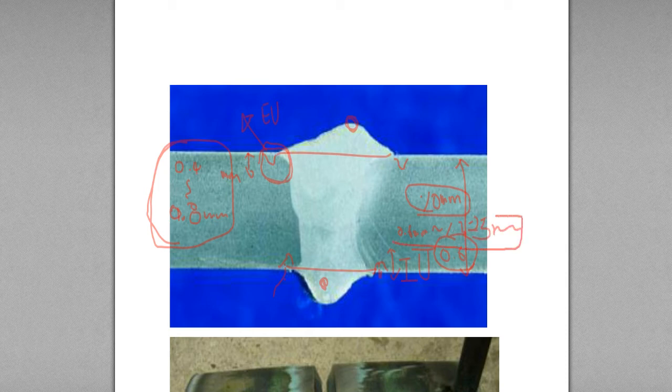If the depth of the undercut is between 0.6 millimeter and 1.25 millimeter, then this undercut is reject.